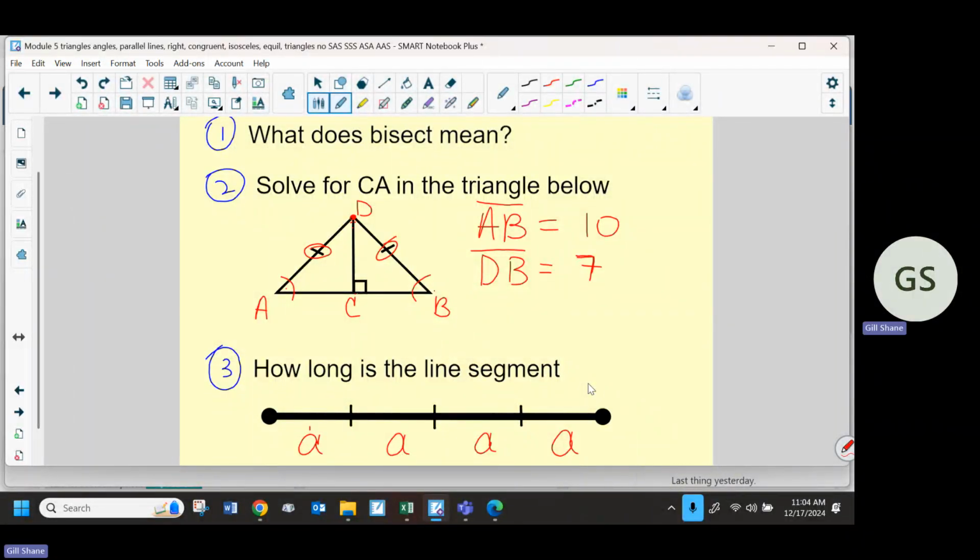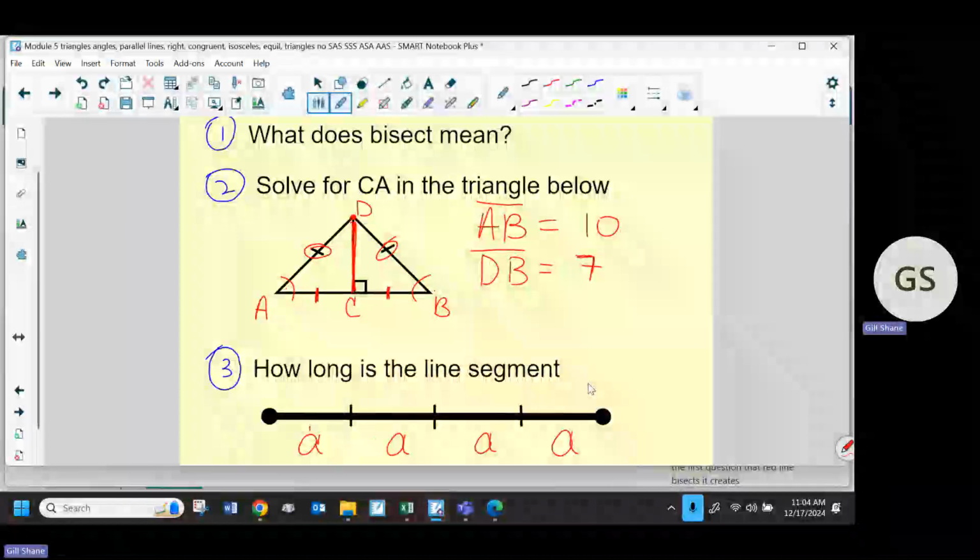This line here, I guess I can do it in red. We said that line does something to the base of the triangle. Exactly, it bisects. That's why the word bisect is the first question. That red line bisects; it creates two equal line segments at the bottom.